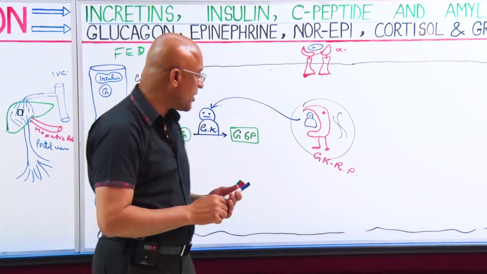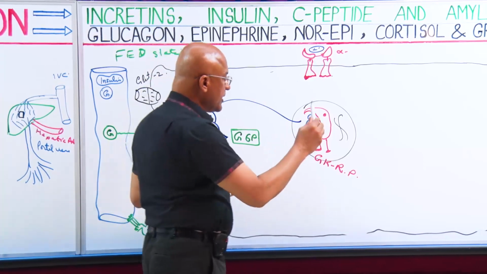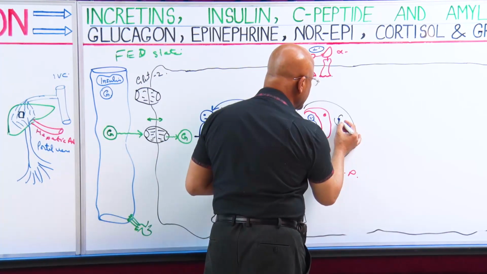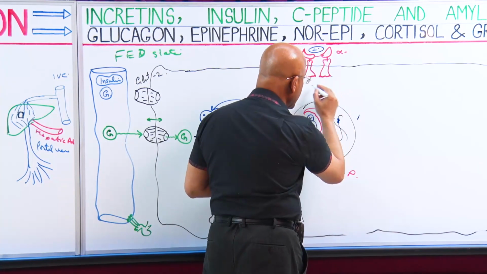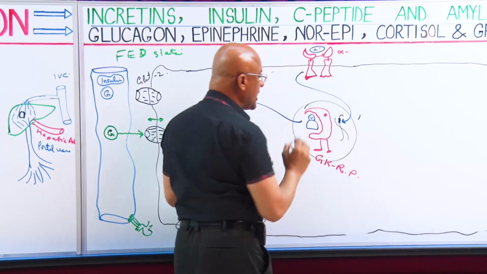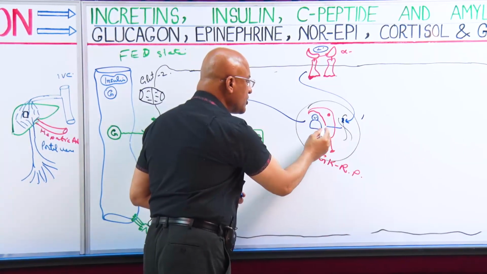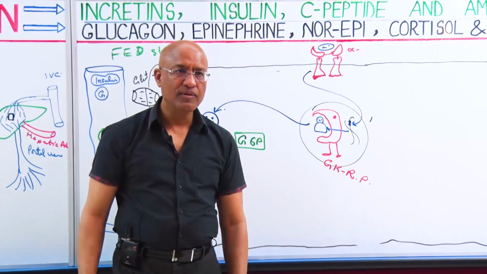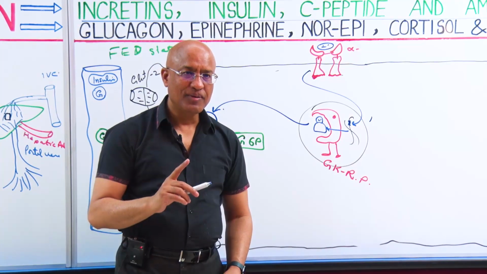Secondly, very important, the insulin RAS-MAP kinase pathway also activates the gene which leads to synthesis of this enzyme. You are understanding?